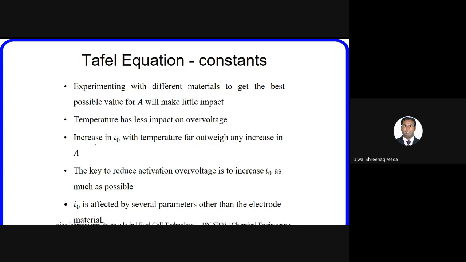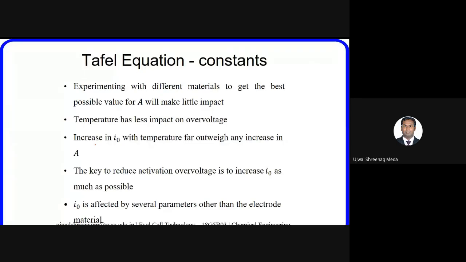Also, temperature has less impact on A, because the effect of temperature on I naught is much greater than that on constant A. So the increase in I naught with temperature far outweighs any increase in A. The key to reducing activation overvoltage is to increase I naught as much as possible.